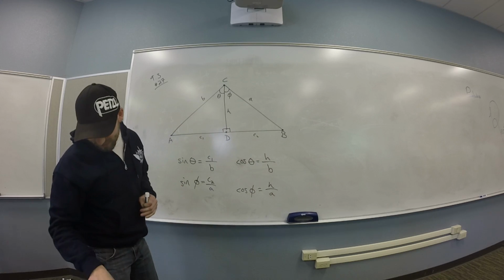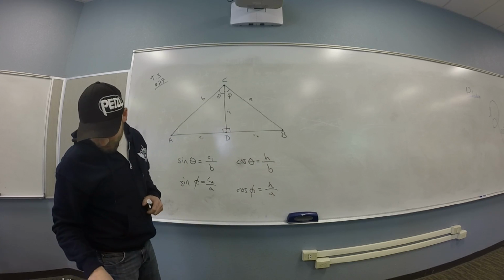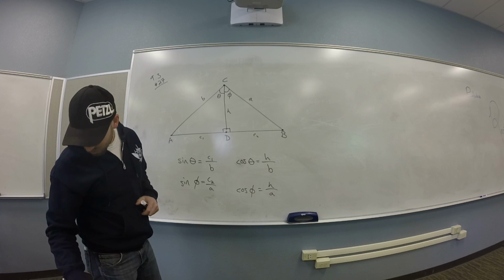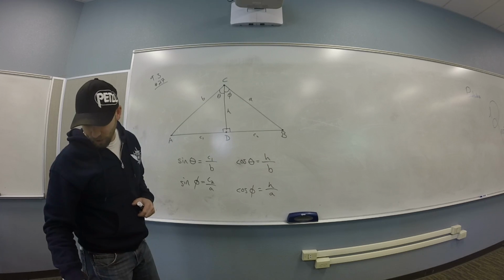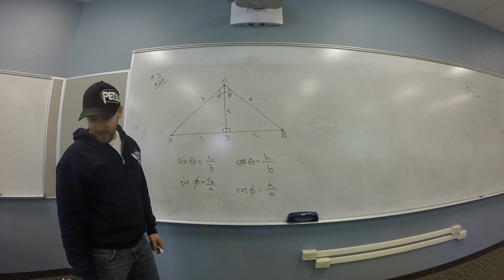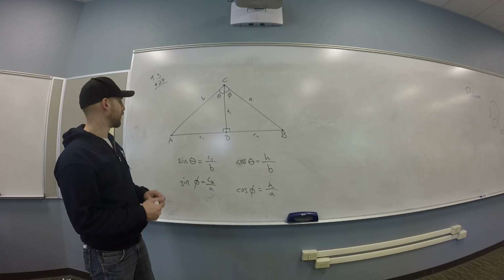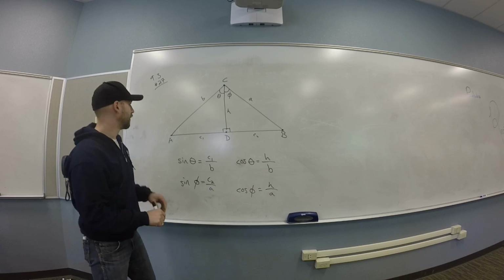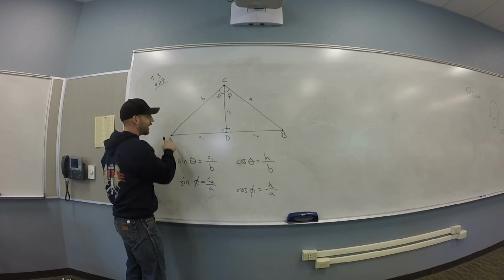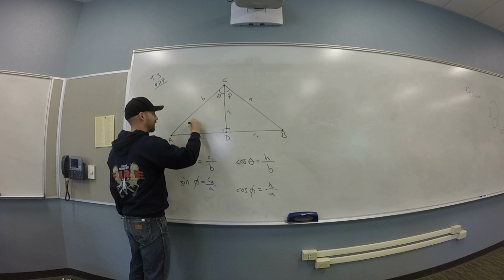Okay, next thing. I should be trying to show that the area of the triangle CAD is a half AB sine cosine. Basically, figure out the area of ACD, right?